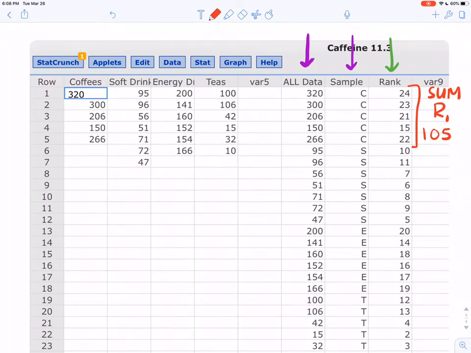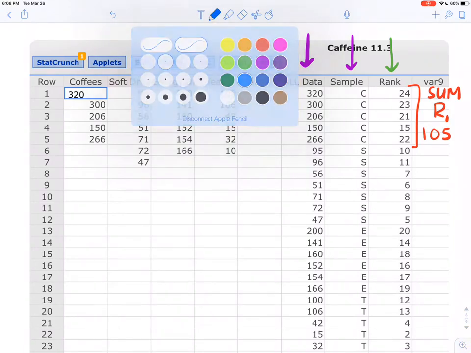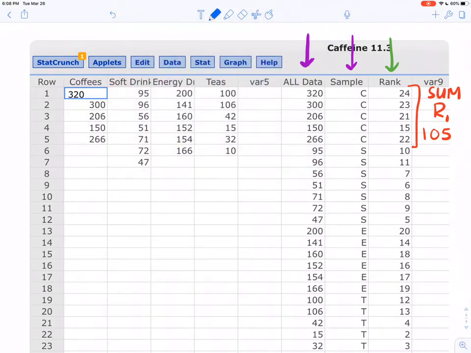And in this case, that comes up to a sum of 105. Now, I need to do that for each group. So now I'm going to look at my soft drinks. I'm going to do the same thing. I'm going to take the sum of their ranks. That's going to be my R2. And the sum of my ranks here is 56.